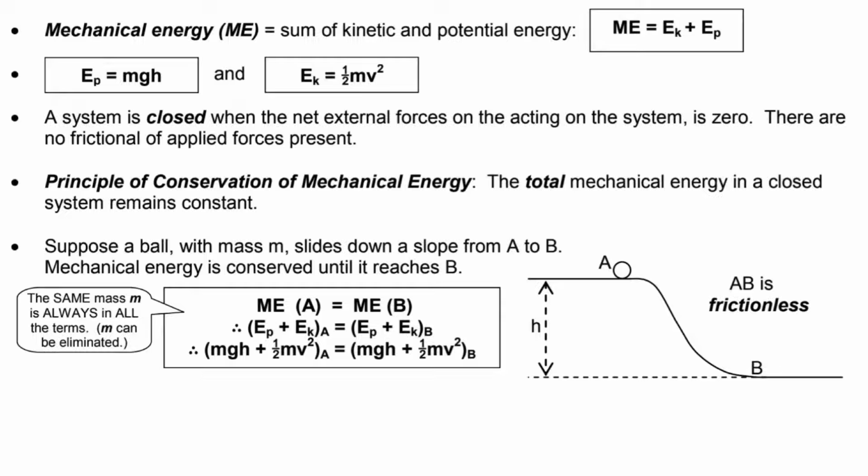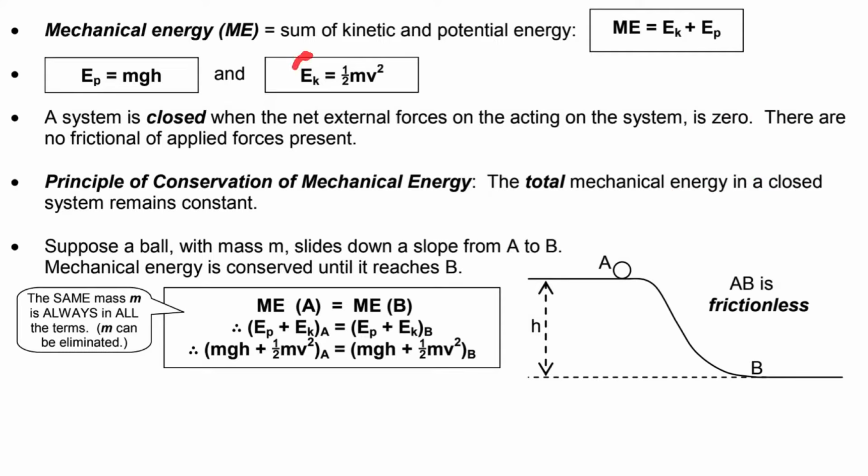Greater velocity, greater kinetic energy. Even the height is directly proportional to the gravitational potential energy. Greater height, greater gravitational potential energy. If an object's velocity is not equal to zero, that means the kinetic energy is not equal to zero as well.